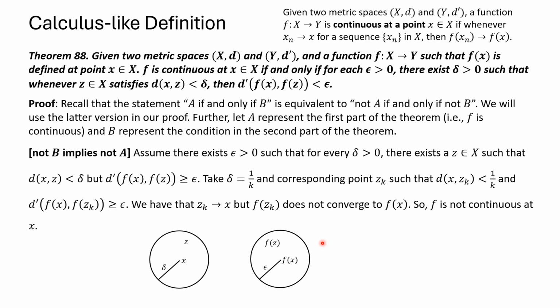So that means we have a sequence, z sub k, that converges to x because 1 over k gets smaller and smaller as k goes to infinity, but f of z sub k does not converge to f of x. It's always outside of this ball or on its boundary. So that contradicts the definition of continuity, which means f is not continuous at our point x. So we've proven if not B, then not A.